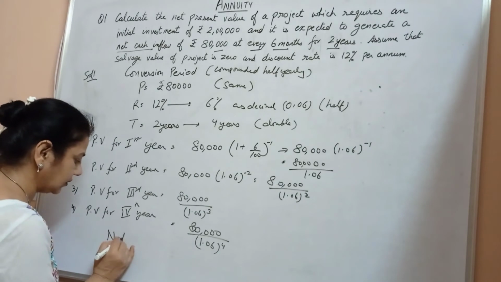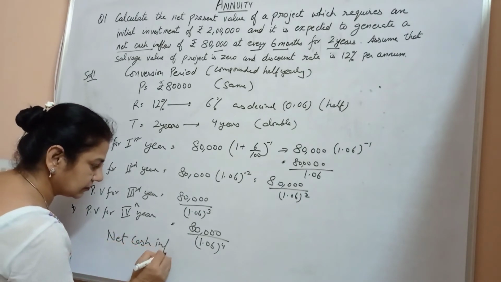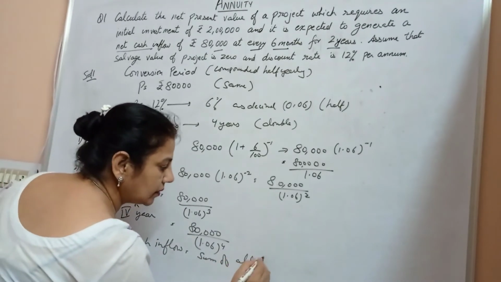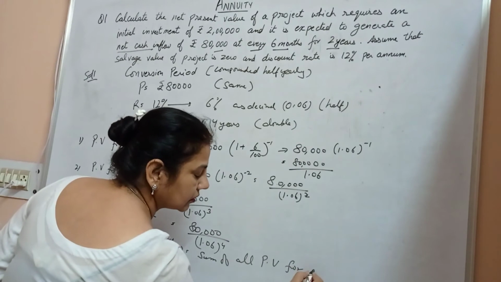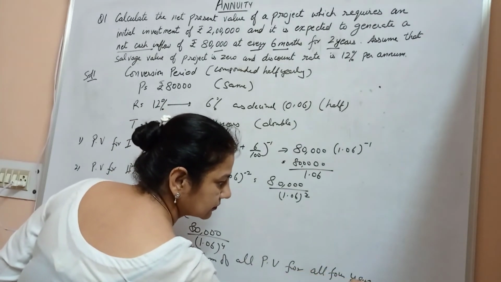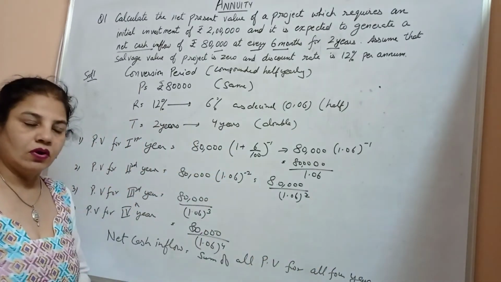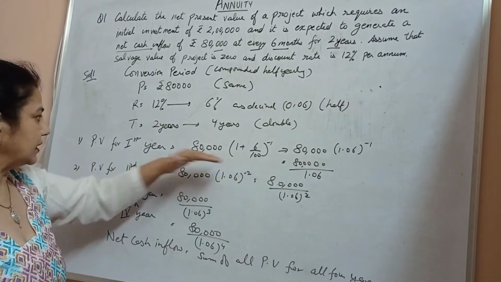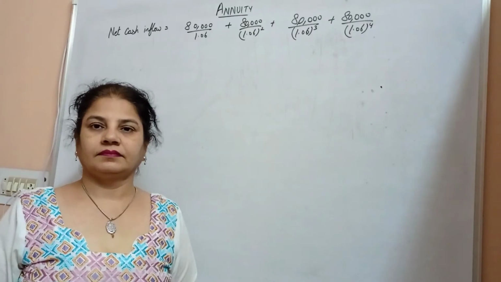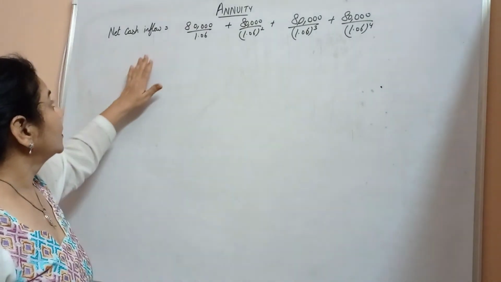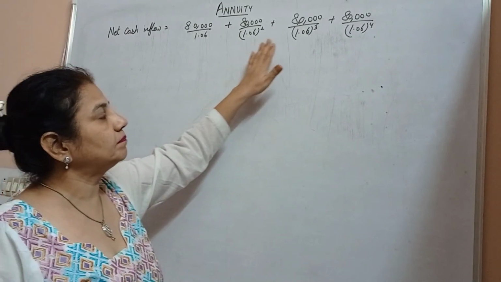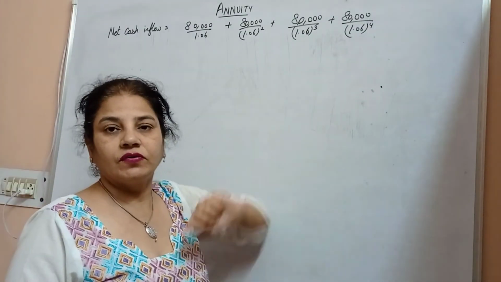So net cash inflow is equal to the sum of all present values for all 4 periods. We add the present value for the first, second, third and fourth period.